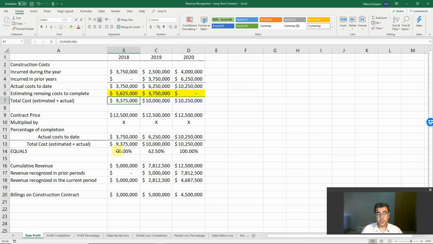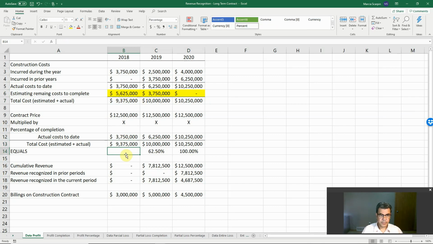So 3.7 divided by 9.3 is 40%. So 40% of our costs are done in the first year, and so 40% of our revenue must be recognized in the first year.